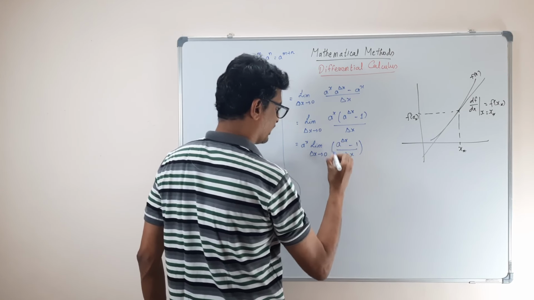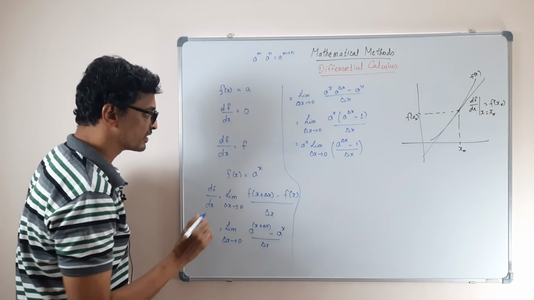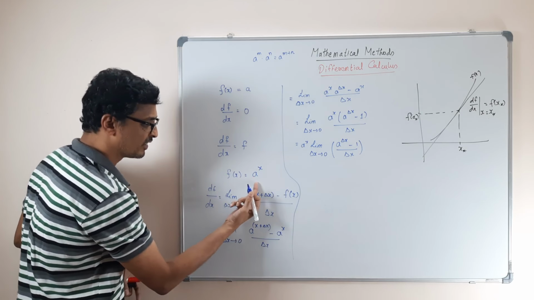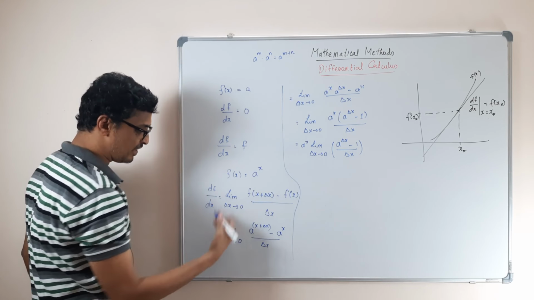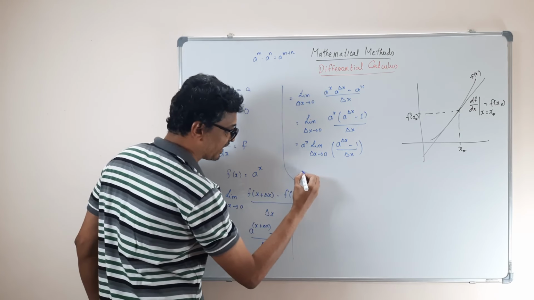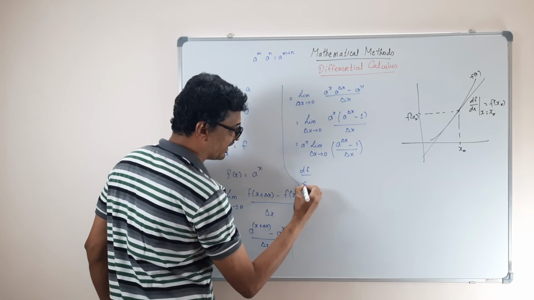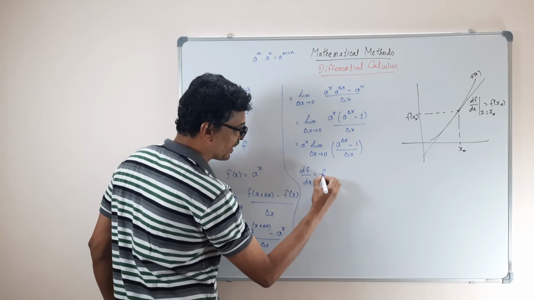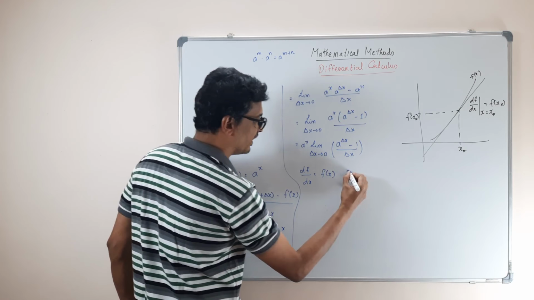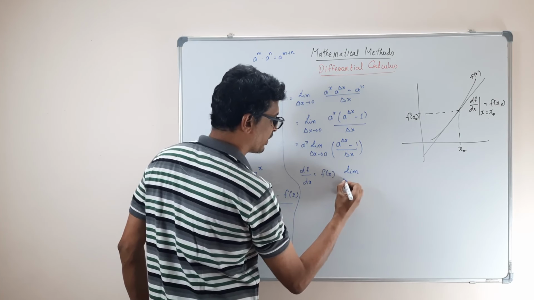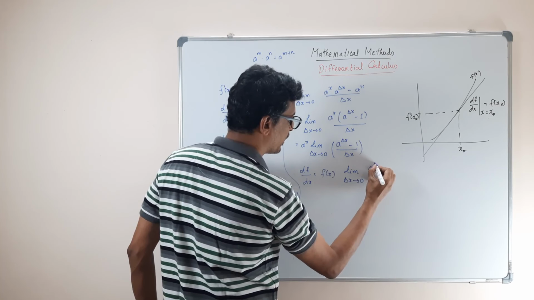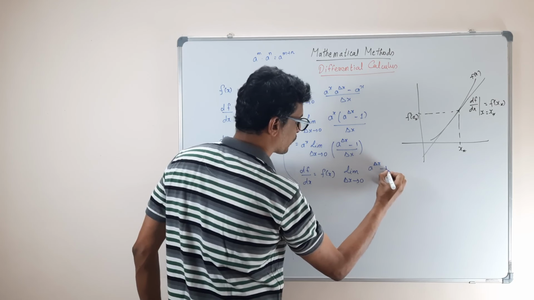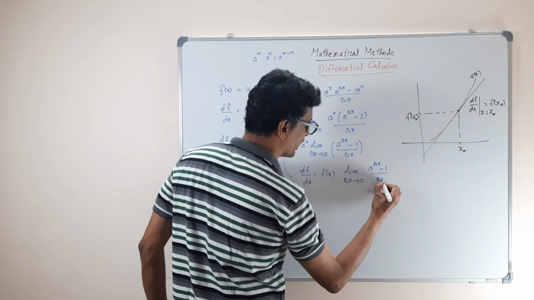Now this is interesting. Why is this interesting? What is a power x? Okay, f of x. And this is what? This is df by dx, right? So what are you getting? df by dx equals f of x, and limit delta x becomes 0, a power delta x minus 1 divided by delta x.